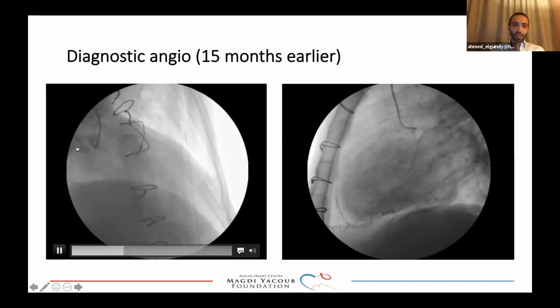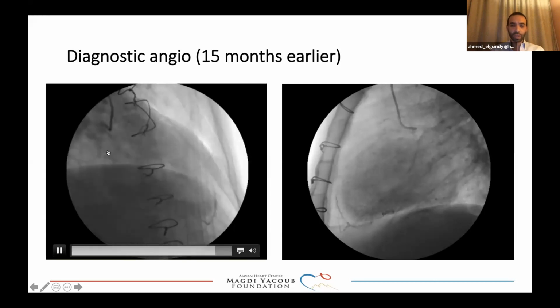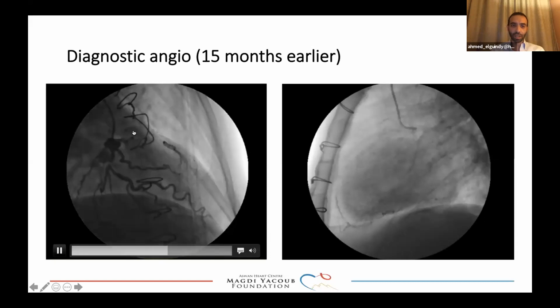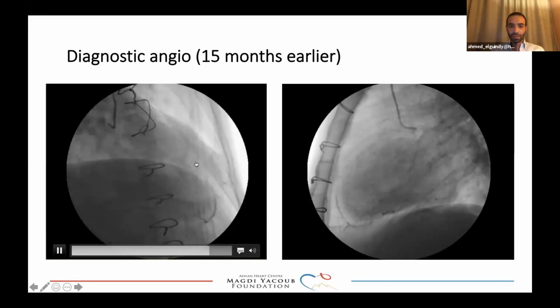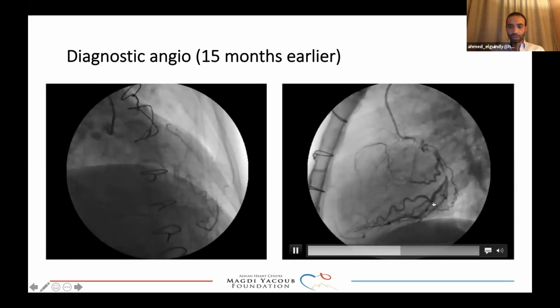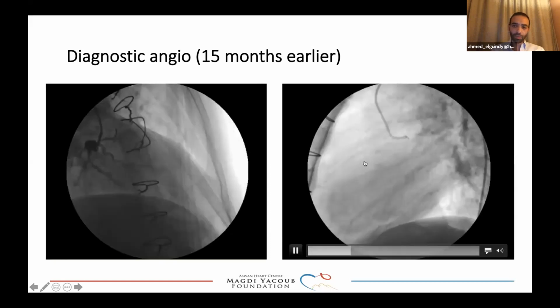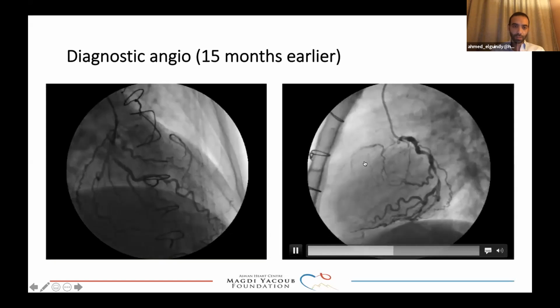And on the left-hand side, you can immediately appreciate that there is a tight subtotal lesion in the circumflex, which happens to be the only patent vessel on the left system. The LAD is totally occluded and fills faintly close to the apex. If you look at the lateral view, you can again appreciate a very tight lesion of the circumflex with a reasonable distal LAD, albeit with a lot of disease in the mid and proximal segments.